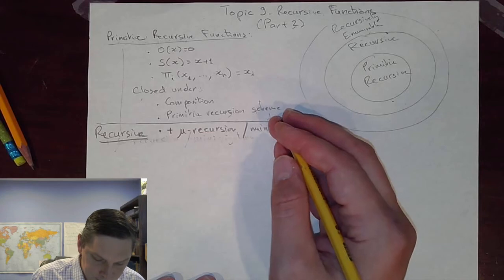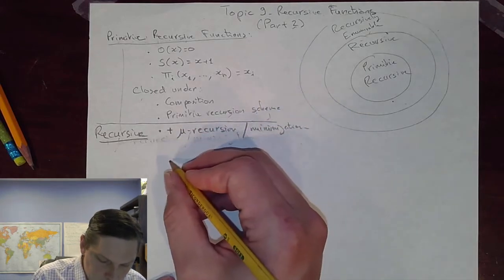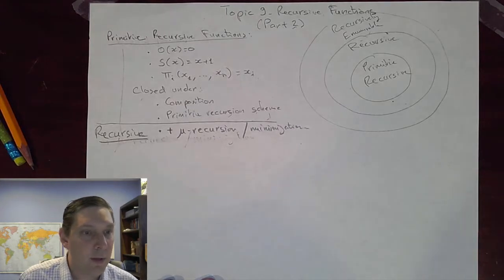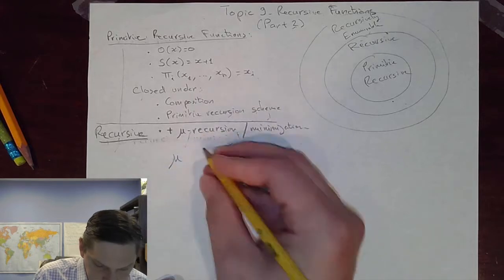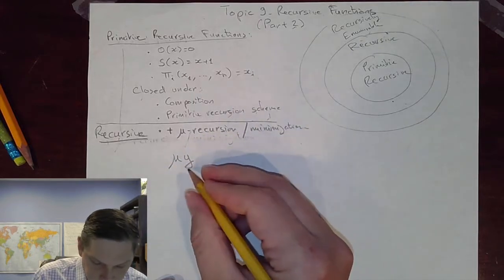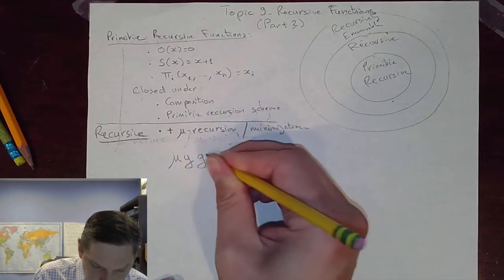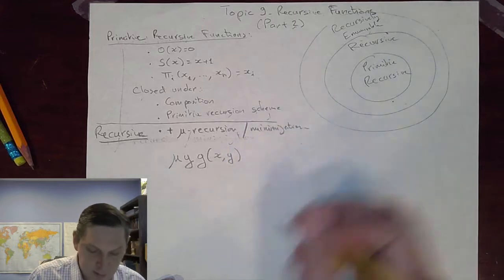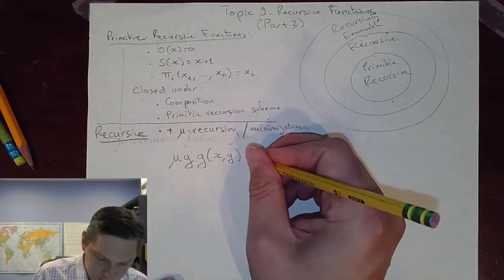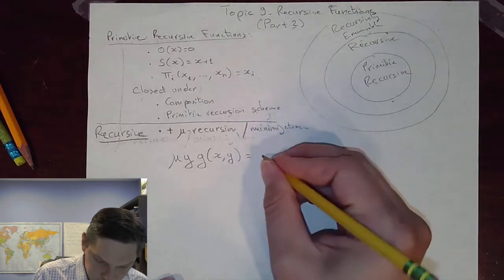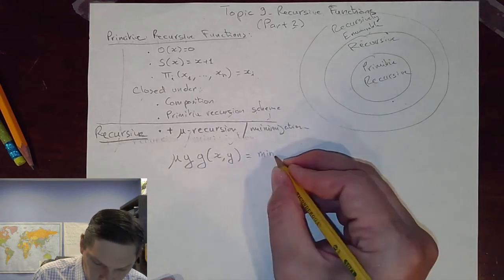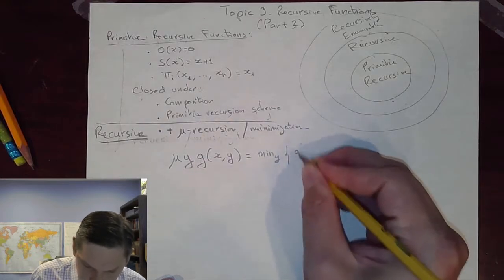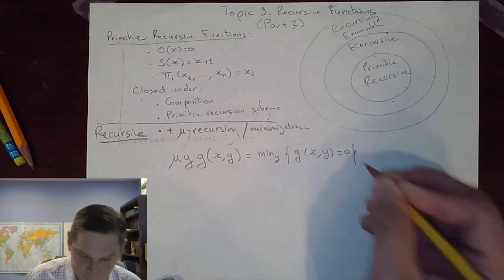Minimization is the mu recursion, that is also sometimes called the mu reduction, such that mu y applied to a certain g(x, y) is the minimum y such that g(x, y) equals 0, right?